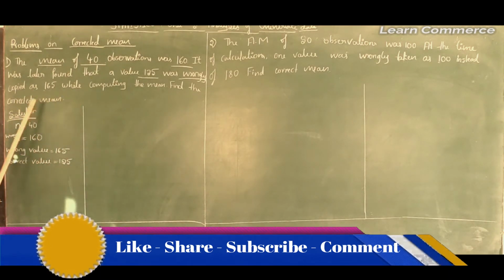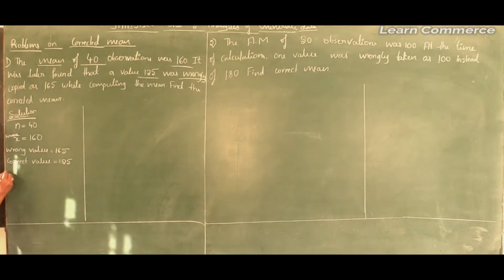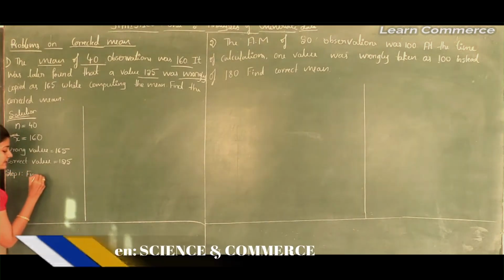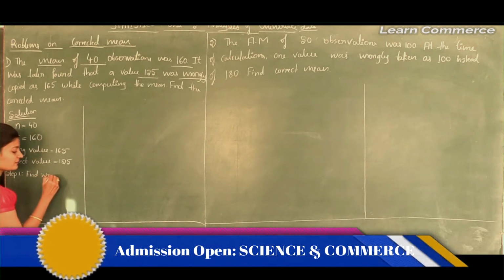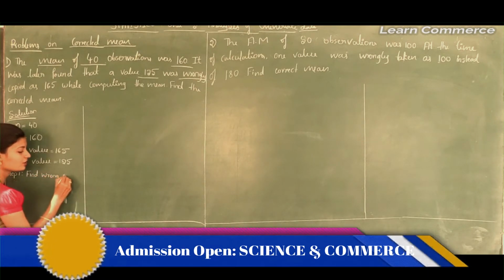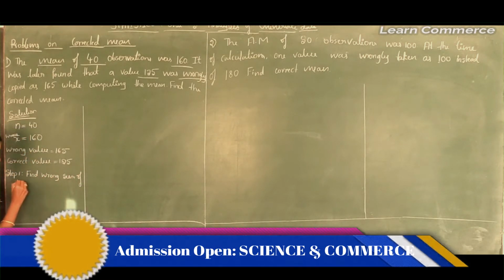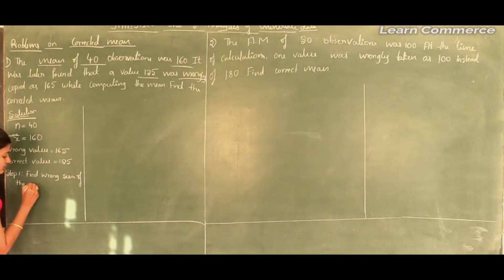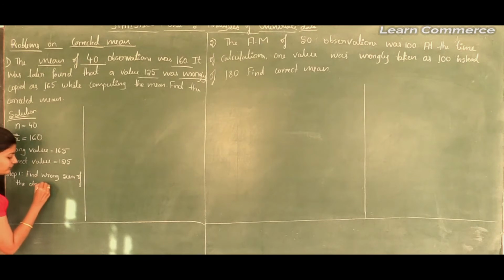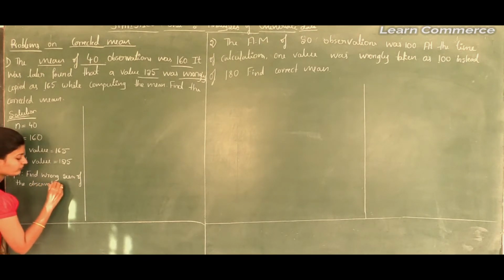To find the corrected mean there are some steps. Step 1 is we need to find the wrong sum of the observations.